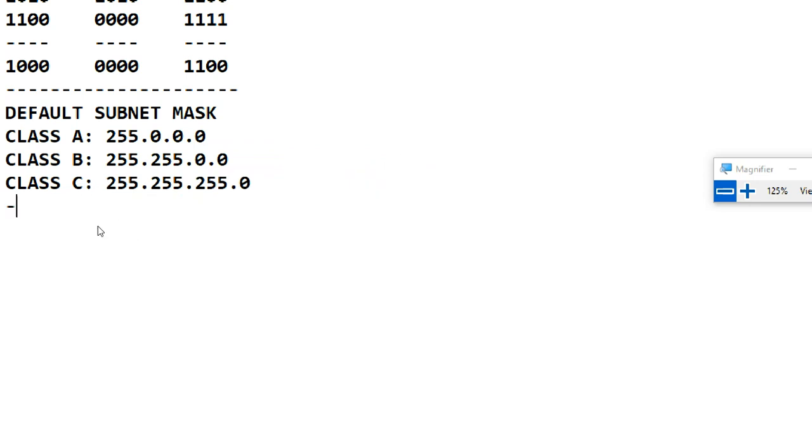These are the default subnet masks. You have to read all these things. Last time they asked all these questions suddenly. Even I didn't expect they would ask about the subnet mask and all.